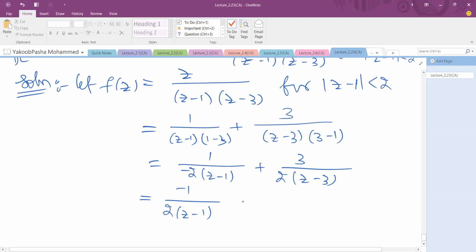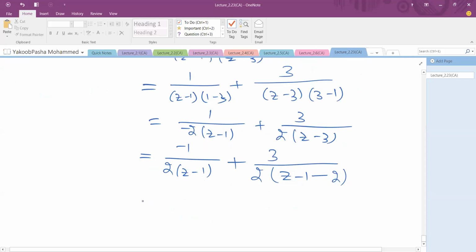Okay, plus here we can write 3 by 2 into, here we don't have a z minus 1 term. We can convert z minus 1 minus 2. So this is equal to minus 1 by 2 into z minus 1, plus 3 by 2 into 1 by z minus 3.